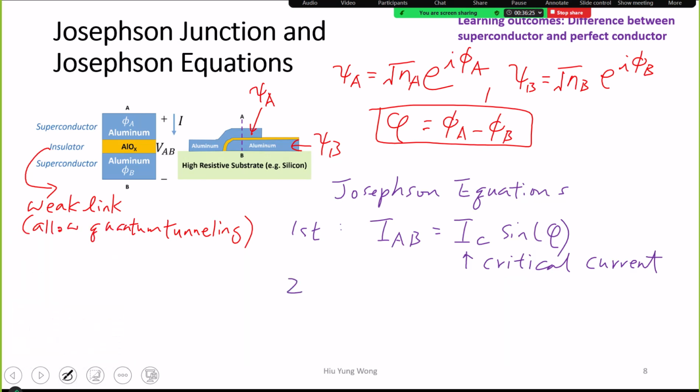It has a second equation to relate the voltage to phase. It says that partial phi, partial t equals 2e V_AB divided by h bar. So if you apply a voltage across this Josephson junction, your phase will change.